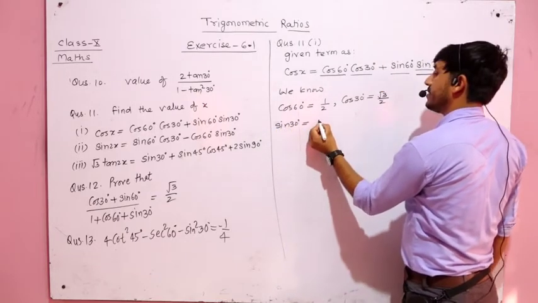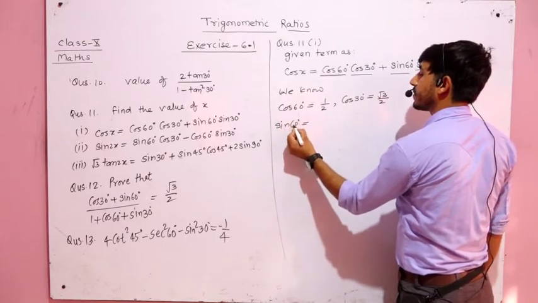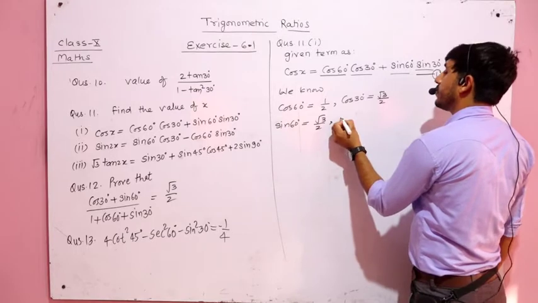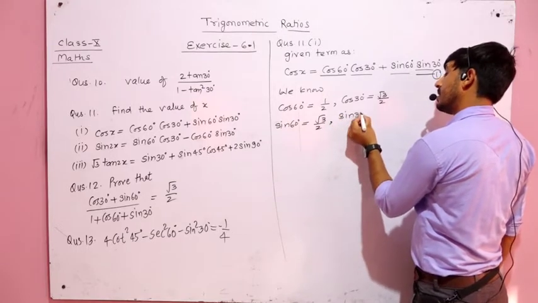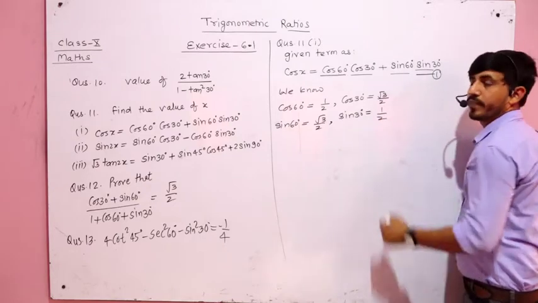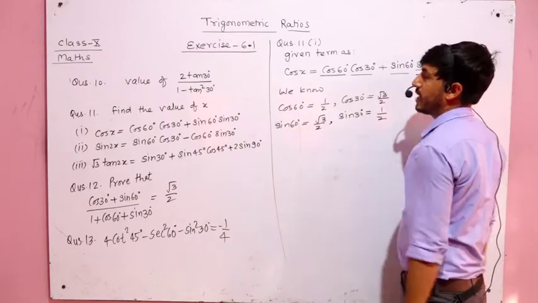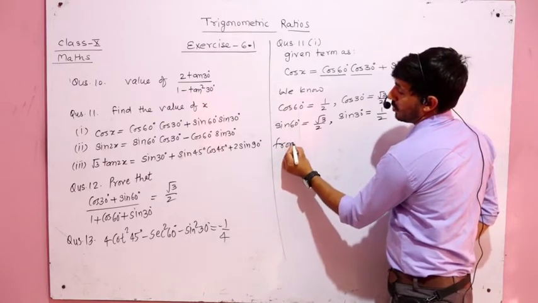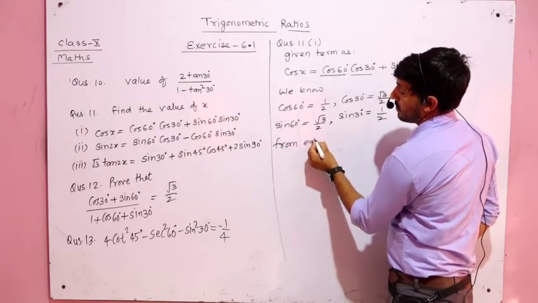Sin 60 degree is root 3 by 2. What is the value of sin 30 degree? That is 1 by 2. Substitute all the values in equation number 1.